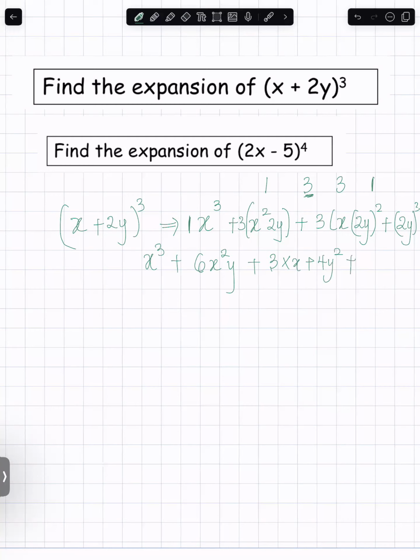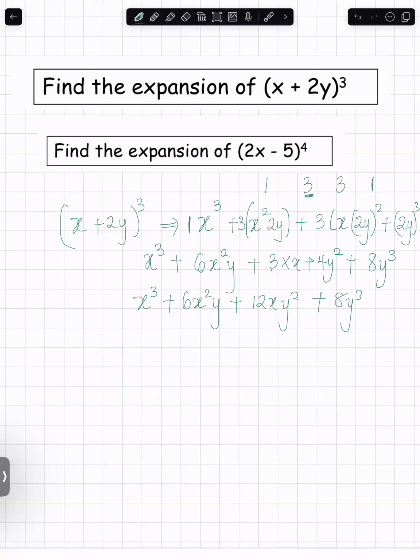Then 2y cubed gives me 8y cubed because 2 cubed is 8. That's 2 in 3 places. Then we have x cubed plus 6x squared y plus 12xy squared plus 8y cubed. So as your x is decreasing, your y increases. So this is what the binomial expansion is.